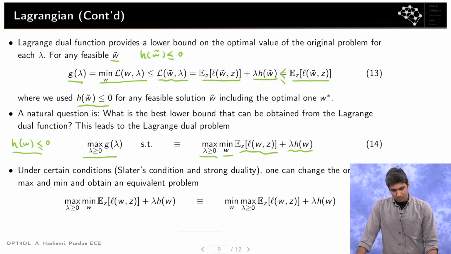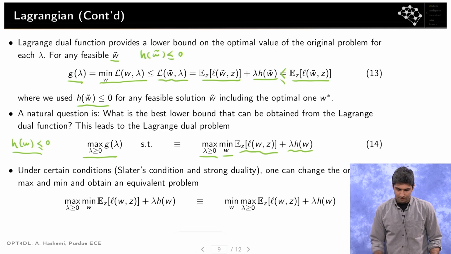All right. So how is this related to the original problem? So we just mentioned that the Lagrange dual function is a lower bound on the optimal value. So for any lambda, it is a lower bound. When I maximize over lambda, I still get a lower bound.